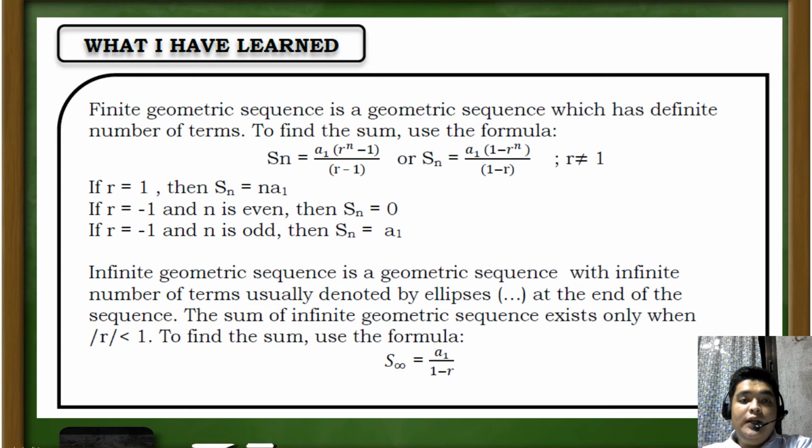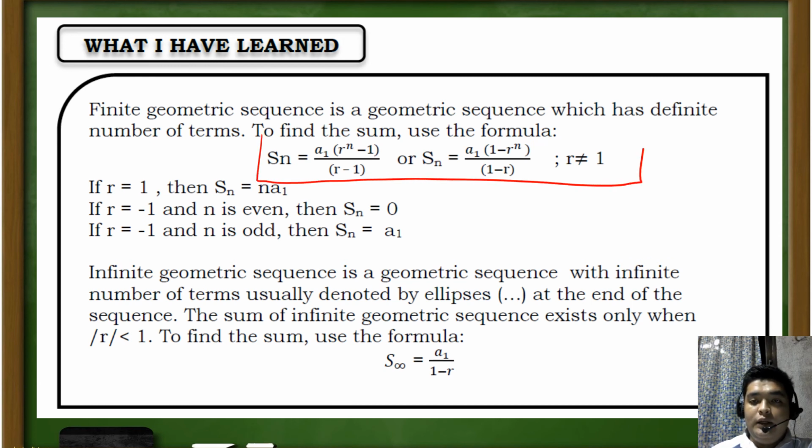A finite geometric sequence is a geometric sequence which has a definite number of terms. To find the sum, use the formula. We have two; you can pick whichever is easier. If R is 1, then S sub n is equal to n times A sub 1. If R is equal to -1 and n is even, then S sub n is equal to 0.